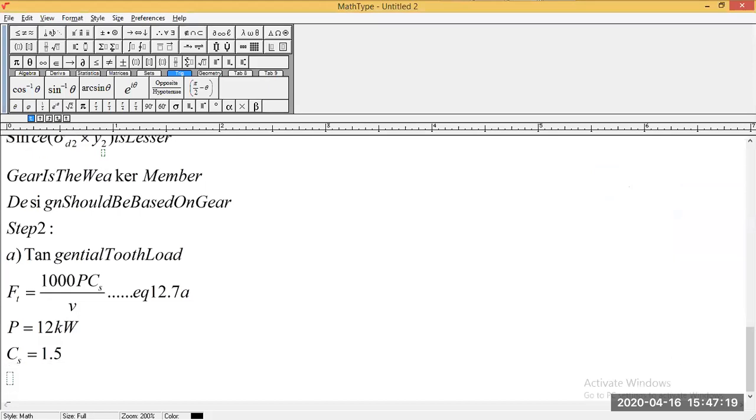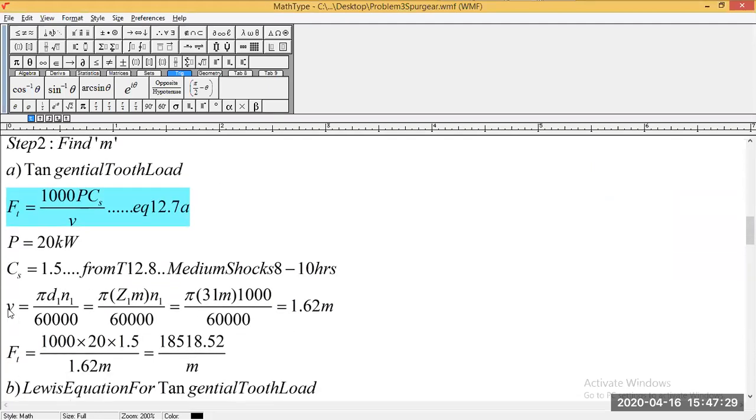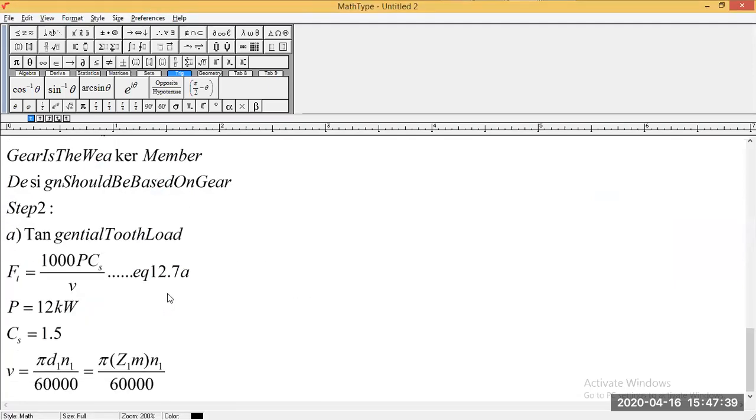Let's take 1.5. Then velocity v. You need to know this formula by heart. I'll just copy this from the previous numerical. Here you need to tone it down.